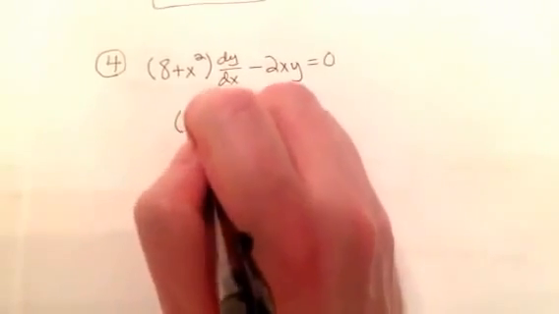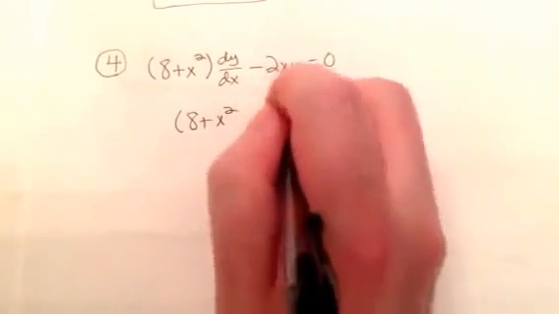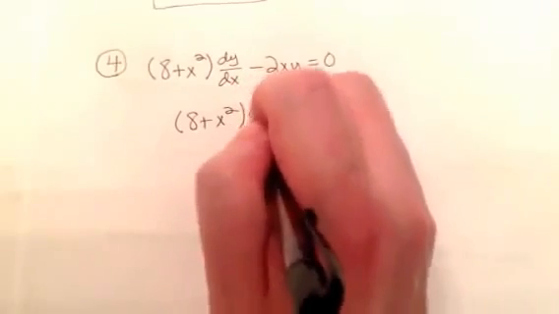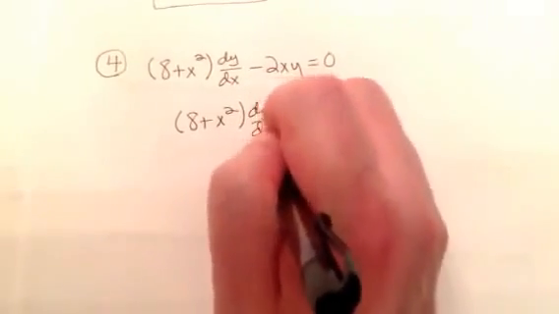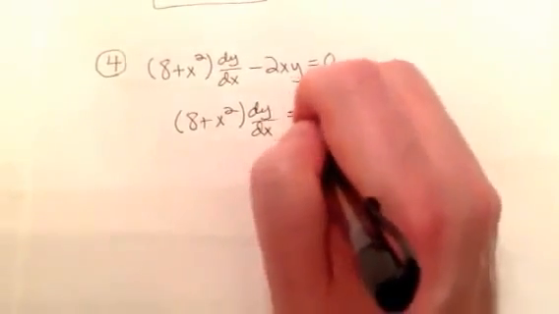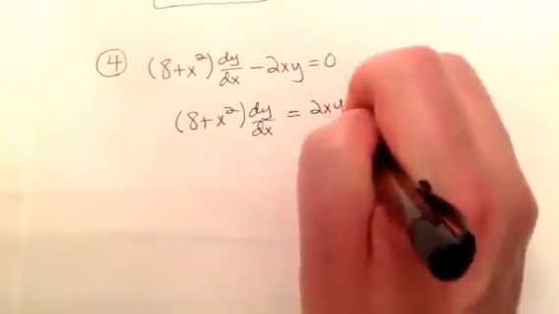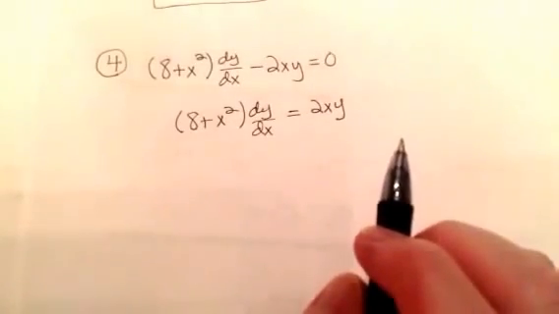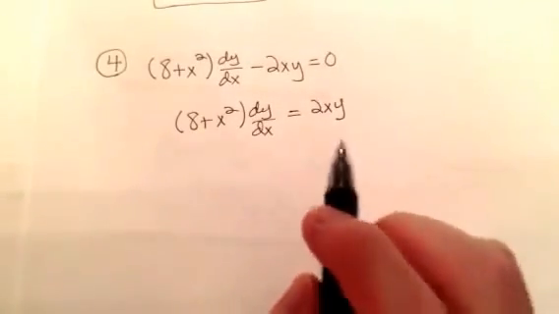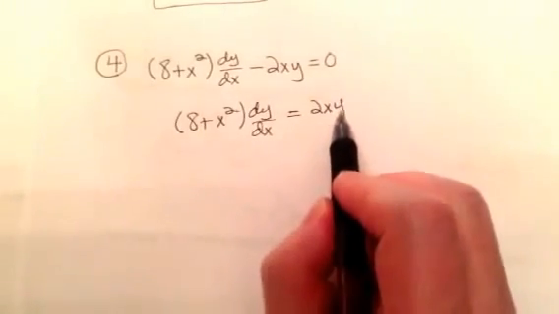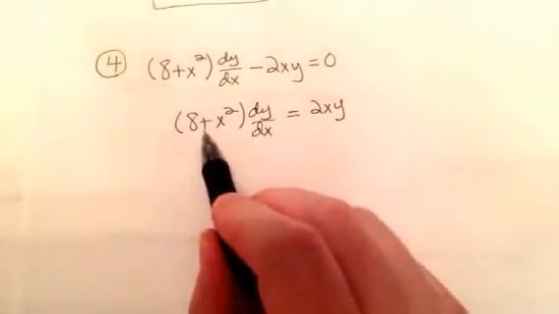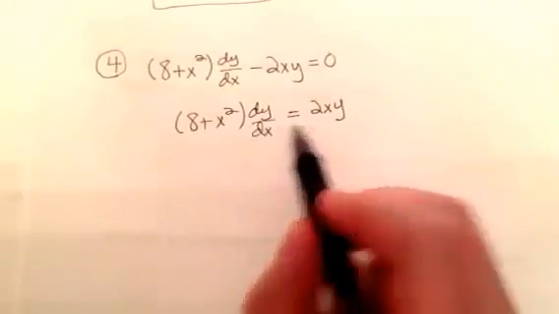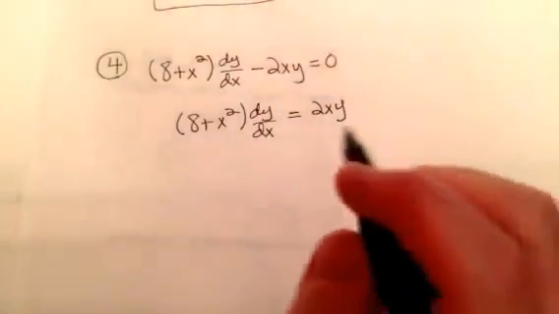Now for this one, we can gradually separate the differentials and the variables. If we move the 2xy over, we have 8 plus x squared dy over dx is equal to 2xy. And if we separate the variables and the differentials, we can divide by y and by 8 plus x squared on both sides, and also multiply by dx.